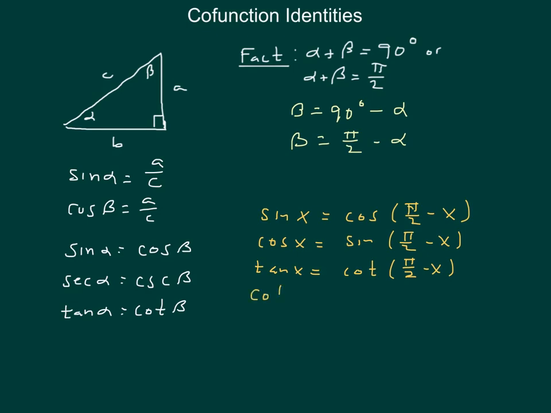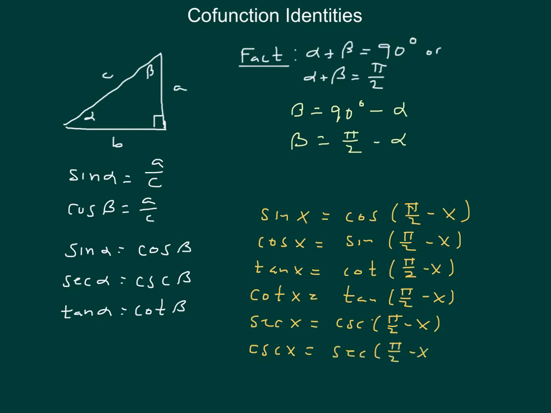The cotangent of x is equal to the tangent of pi over 2 minus x. And then the last two, the secant of x is equal to the cosecant of pi over 2 minus x, and the cosecant of x is equal to the secant of pi over 2 minus x.